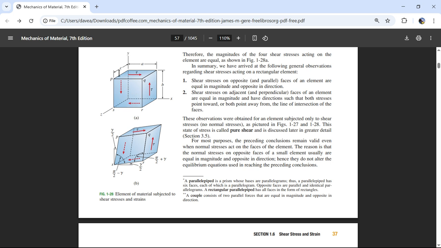So cosine of 45 is square root 2 divided by 2. The area of this is that area times secant theta. That's area divided by cosine theta. So that's area divided by cosine 45. Cosine 45 is square root 2 divided by 2. So that's going to get 2 divided by square root 2.